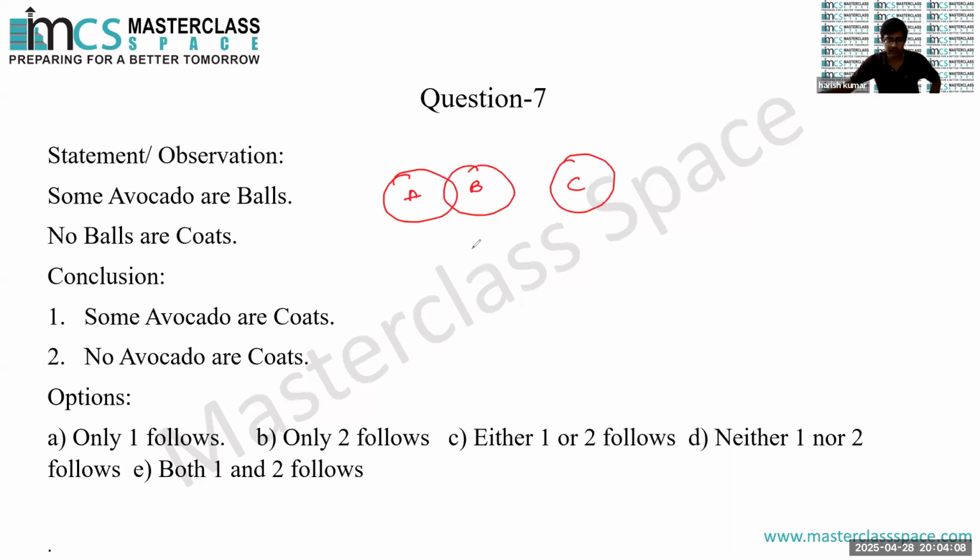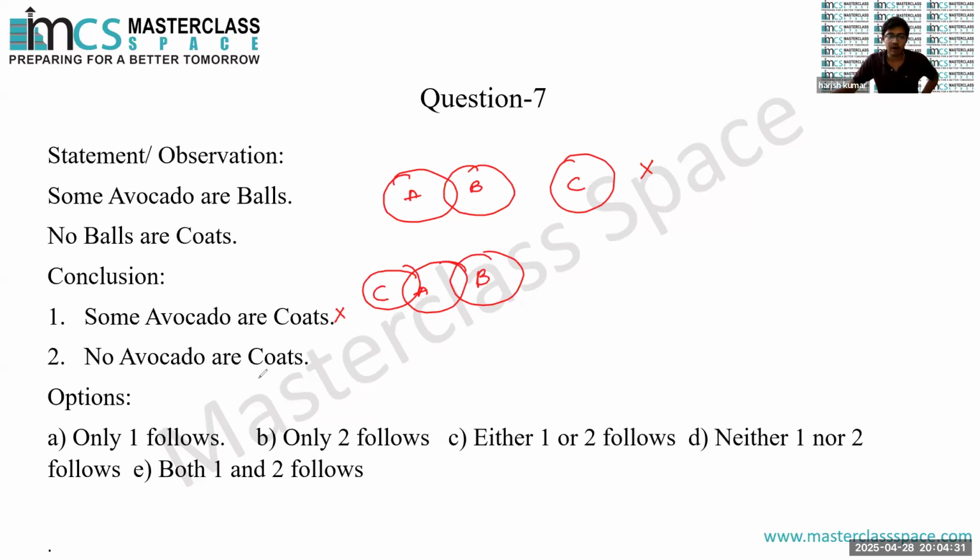This is one case, and the other case is balls, avocados, and coats. Now the first statement says that some avocados are coats. It is wrong in the first one, right? Some avocados are not coats. So the first statement is wrong, right?